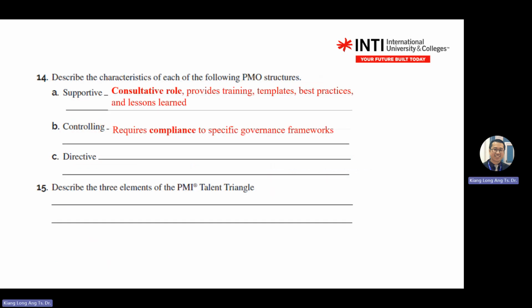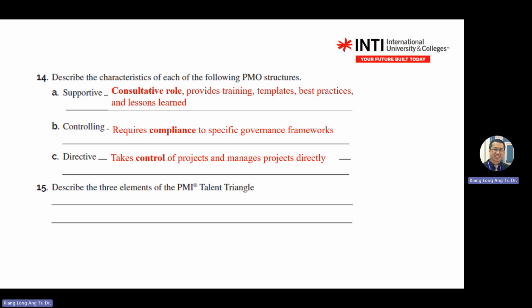PMO structures. What are the characteristics? If it's supportive, it's more on the consultancy role. You provide training, you prepare the templates, you prepare the best practices, give training, and then you document lessons learned in the company, right? Supportive.